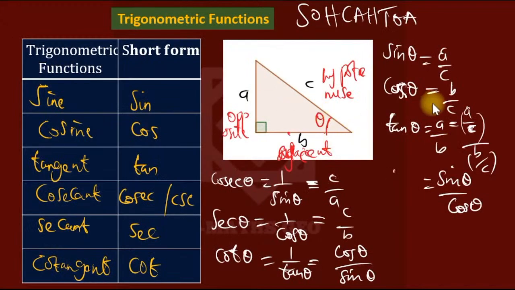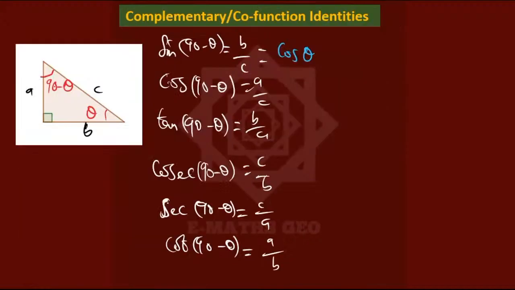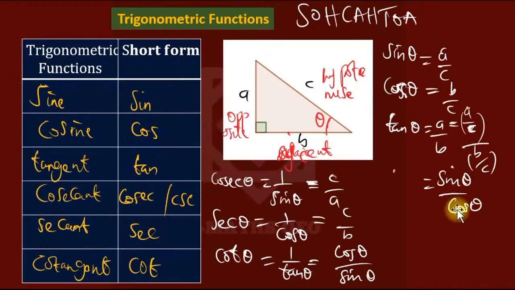So why A over C is sine. And we see B over A is cot. Check. Yes. Okay, I didn't even write one of it, so it should be B over A. So this tan is A over B. So do you see?